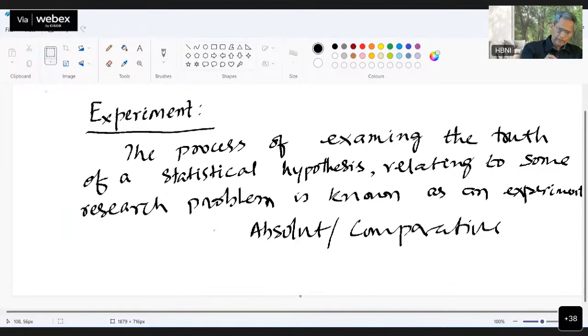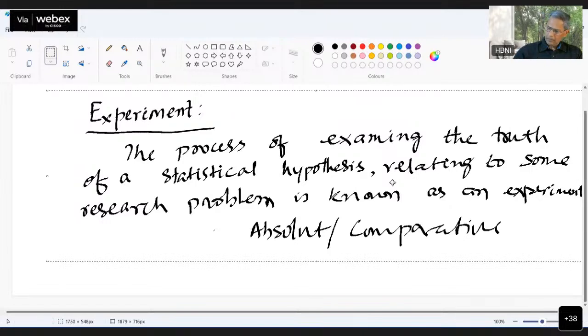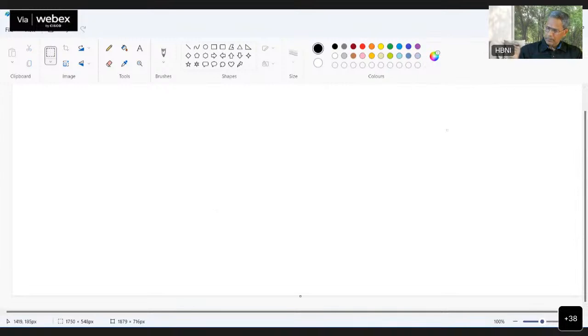So now we'll come to various research designs. Different research designs.